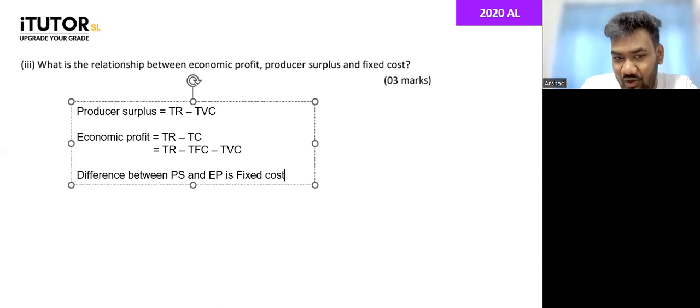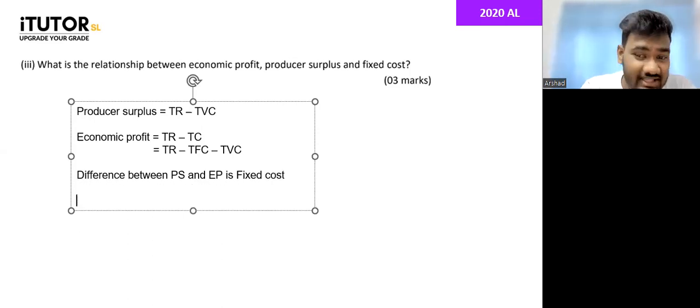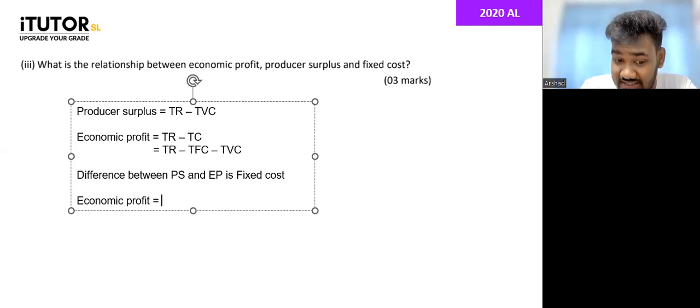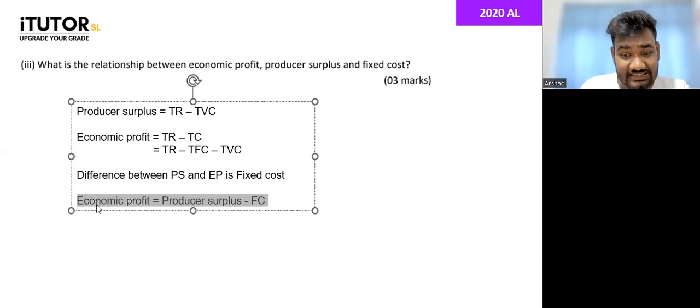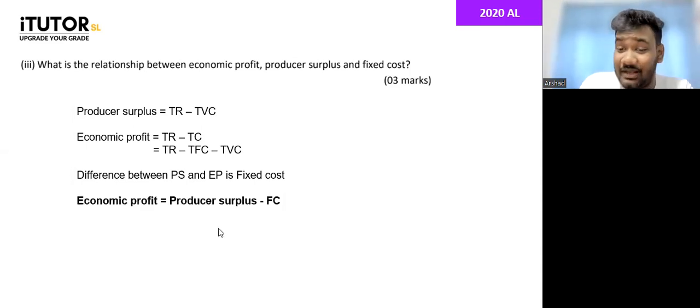Now if I give an equation like this, do you think it's correct? If I say economic profit equals producer surplus minus fixed cost. Do you think that's correct? I'm saying economic profit equals producer surplus minus fixed cost.